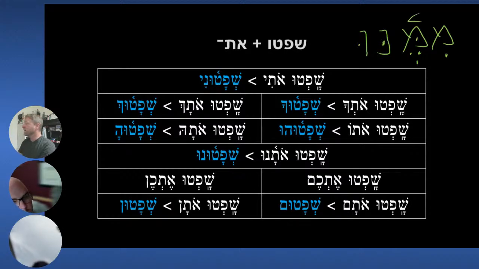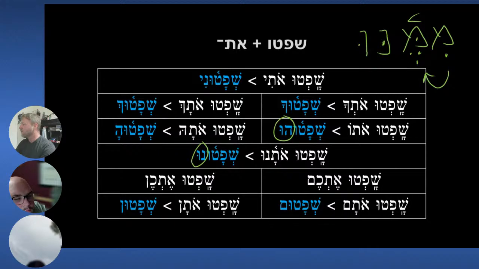It's like minu, and the first nun assimilates into the second mem, so it's min men, mimen. And then this nu can be minhu, from him, or minnu, from us.